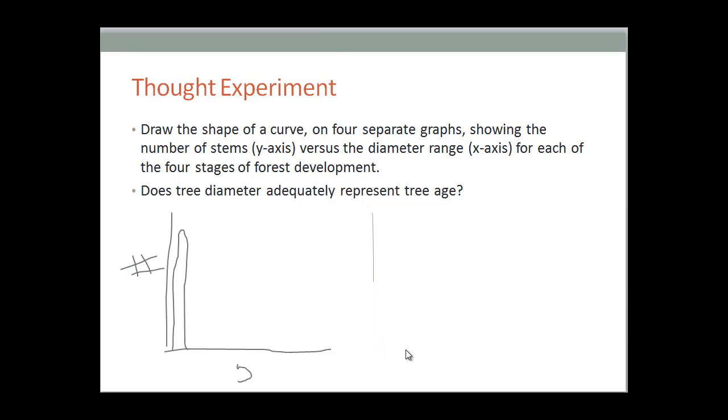Right? So here's our new graph, if it's going to show up. It's not showing up for me. Okay, so there's one line. Here's our second line.